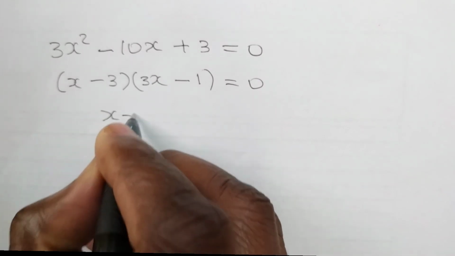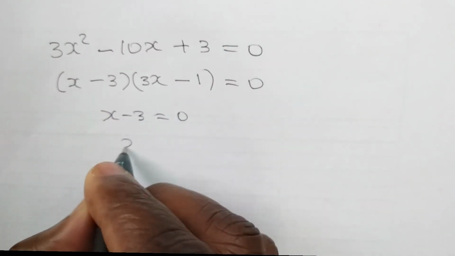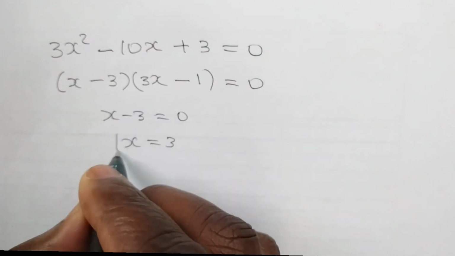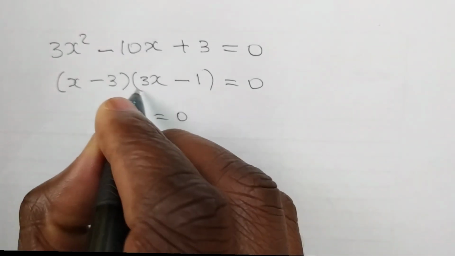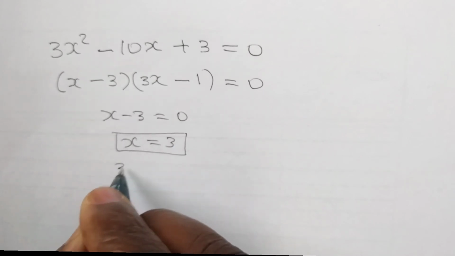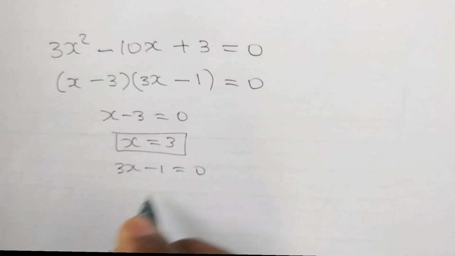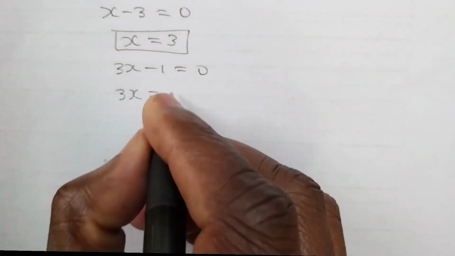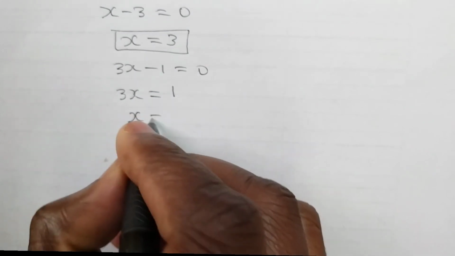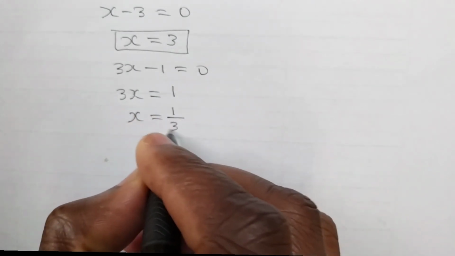So x minus 3 equals to 0, so x will be equal to 3. This is the first root of the quadratic equation. Then solving the other bracket, we're going to have 3x minus 1 equals 0. So 3x will be equal to 1. Then x will be equal to 1 all over 3.